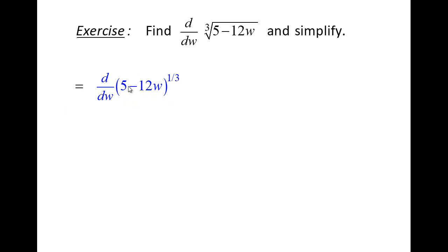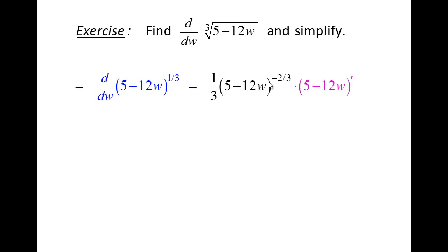So basically again, if this were just w, then the derivative would be 1/3 w to the 1/3 minus 1, and 1/3 minus 1 is negative 2/3.